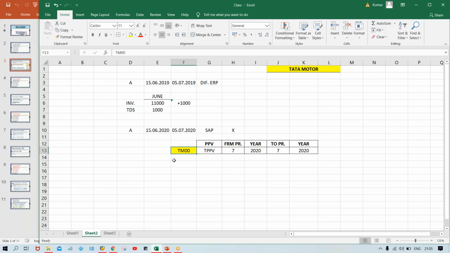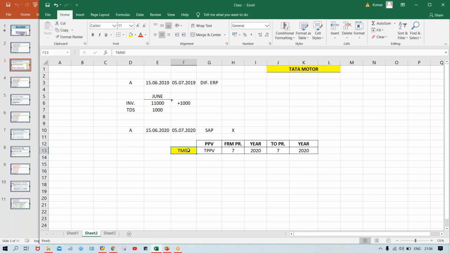Then what is happening guys? Once the user has given the company code, in the background the system is going to check what posting period variant has been assigned against this company code. The system found that it is TPPV which got assigned. Practically we are going to see how it is assigned, and once the complete configuration is done we can even check the control practically, so that you guys will have a perfect understanding.